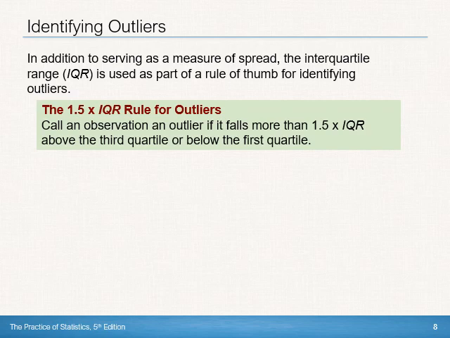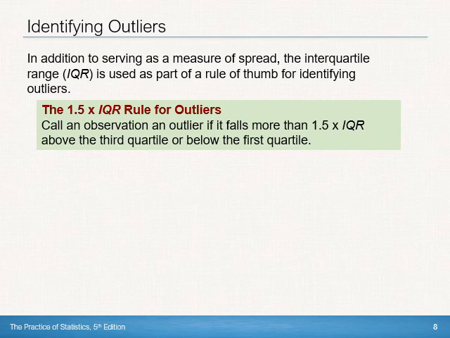We take the IQR and multiply it by 1.5. So 1.5 times the IQR, and then add it to Q3. If there are any data values beyond that, or any data values below the first quartile minus 1.5 IQR, then those will be considered outliers.